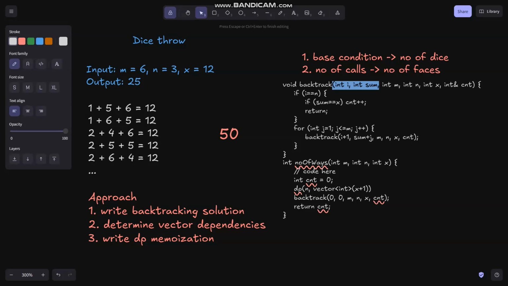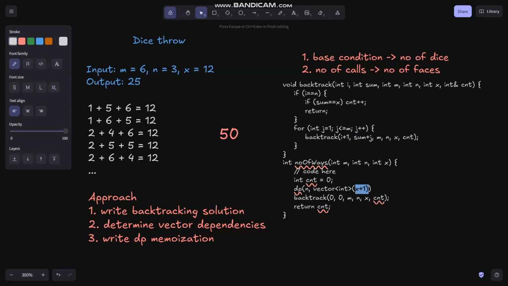Now you say that, okay, here there is a little problem. x plus 1 is the sum, right? So this is the target sum. This is not the sum that we can get in our backtracking function. Like if you call this, what is the worst possibility? That for all three dices, you can have j as 6. So basically you can have sum as 18 at max. But the question is only for 12, right?